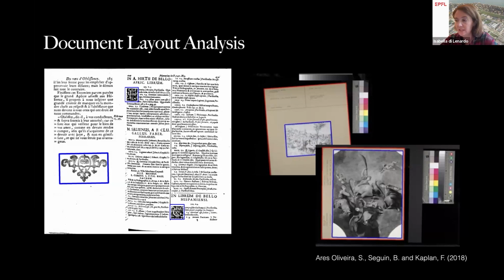You already have seen examples of printed text in which we have ornaments, and we are potentially interested only in this type of element, or titles, or also, on the right side of my screen, in the Cini photo library cardboards, we need to separate the background from the image, from the metadata, or all other information that is on the page.